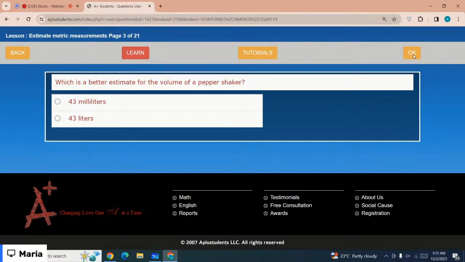Okay, the next one is which is the better estimate for the volume of a pepper shaker? Is it 43 milliliters or 43 liters? Which is the correct option?